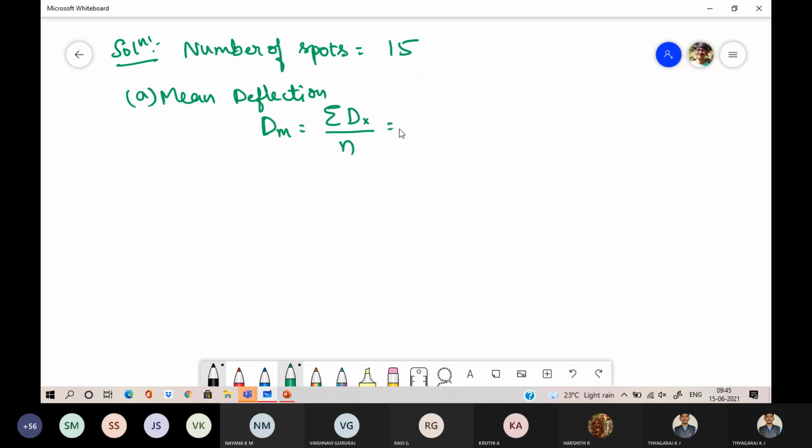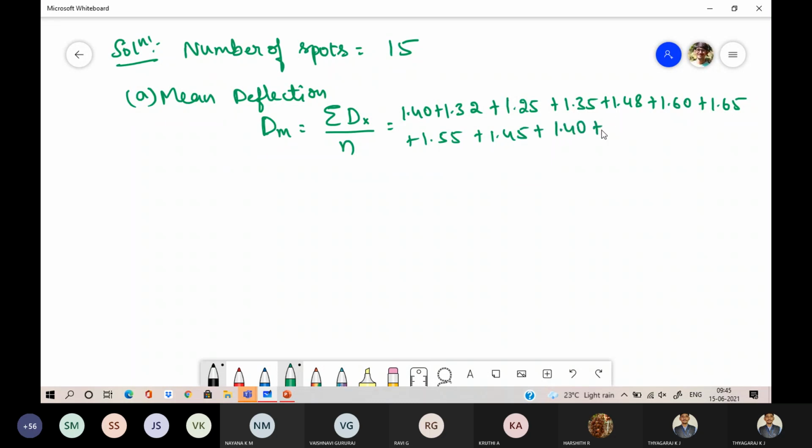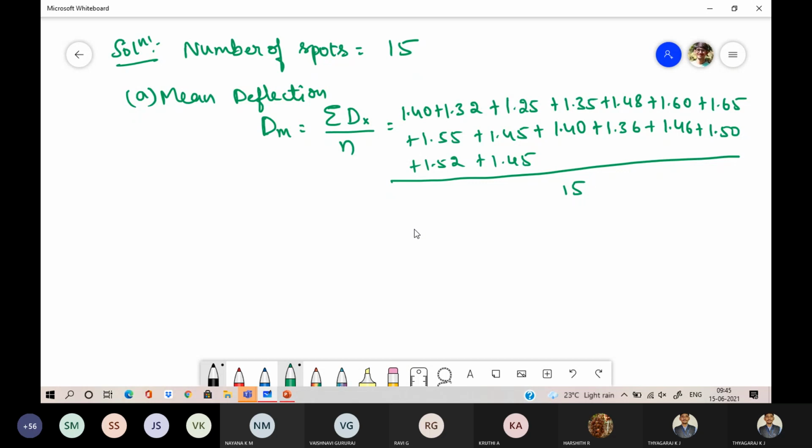So add all the values. 1.40 plus 1.32 plus 1.25 plus 1.35 plus 1.48 plus 1.60 plus 1.65 plus 1.55 plus 1.45 plus 1.40 plus 1.36 plus 1.46 plus 1.50 plus 1.52 plus 1.45, divided by 15. Check how much you are going to get.